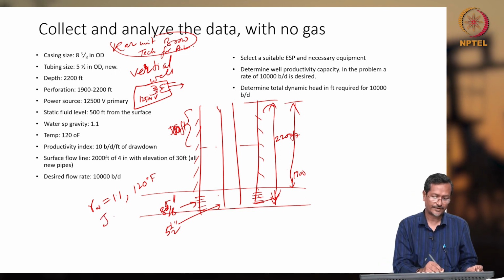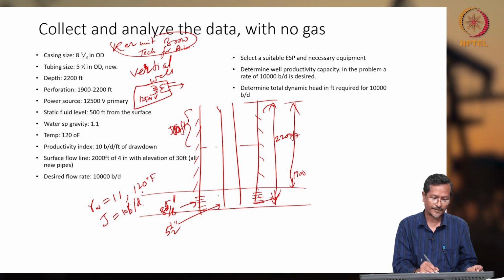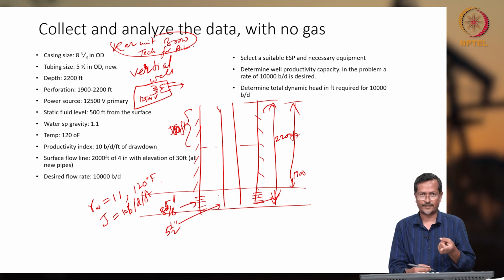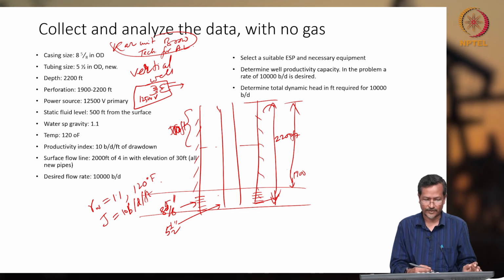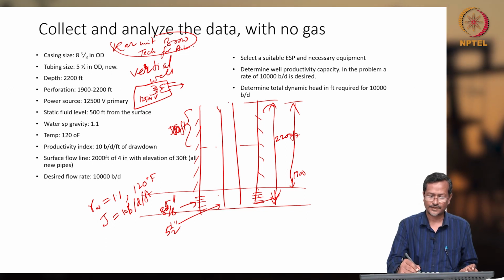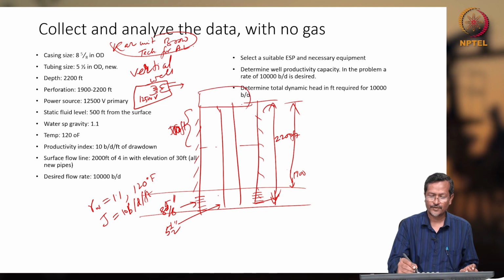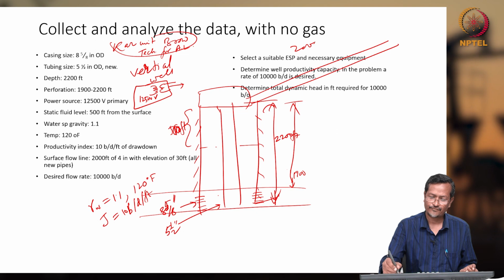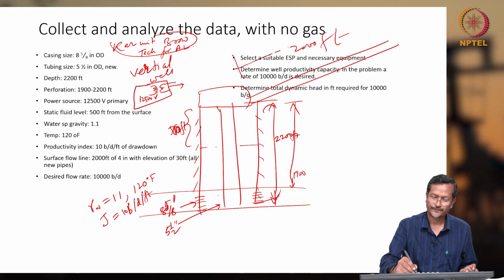Productivity index J is given as 10 barrel per day per feet of drawdown. Here again you see they have written B per D, but if we write BBL per day also, that's okay. Surface flow line 2000 feet. This is the wellhead, and from there one flow line is going 2000 feet.